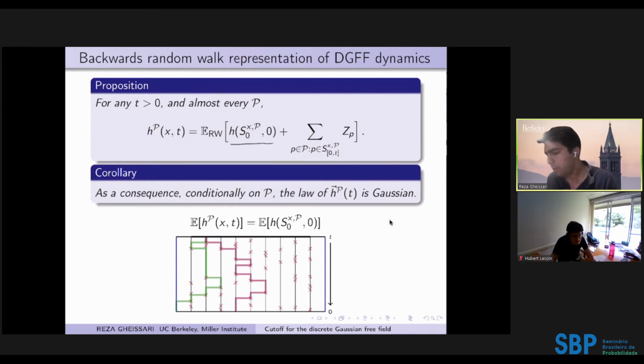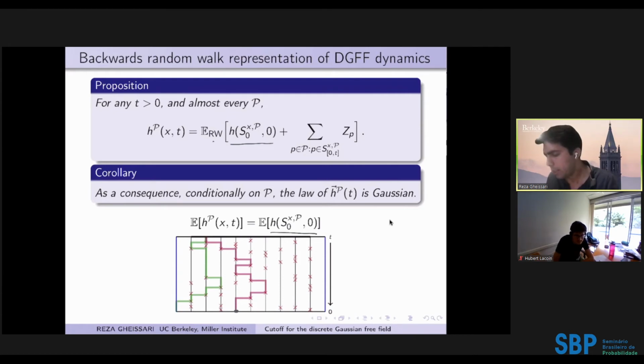The first term doesn't have any z's in it, so it's just the expectation over the random walk trajectory of the initial data evaluated at where you hit at time 0. You run a random walk backwards in time from t to 0, you hit a random point, and you average over the random walk trajectory. That's the expectation for the function.